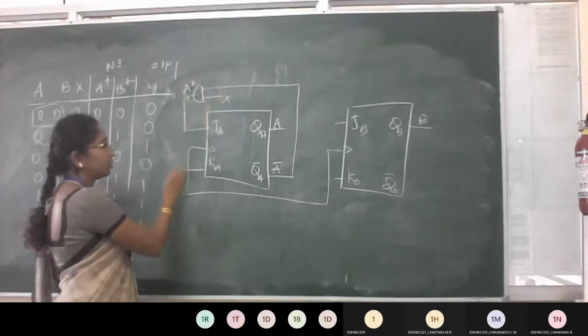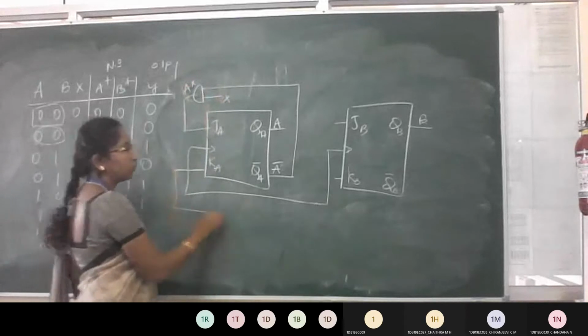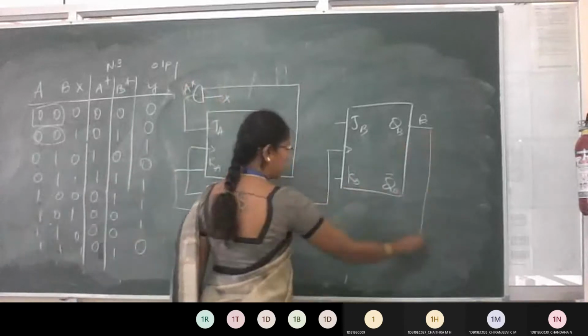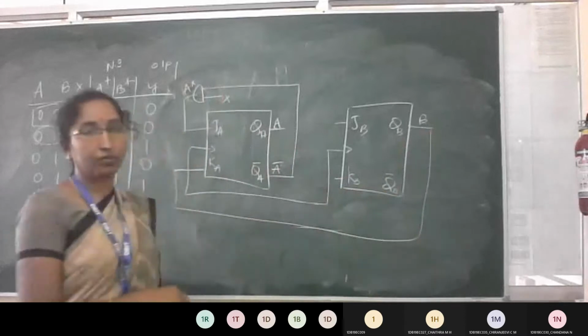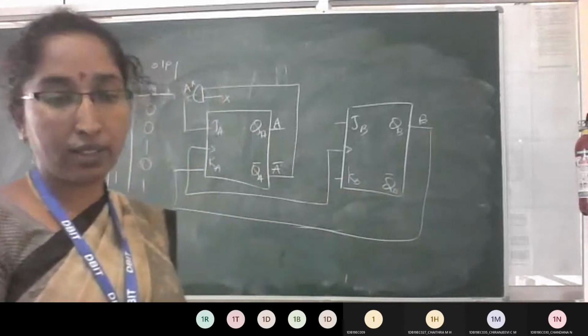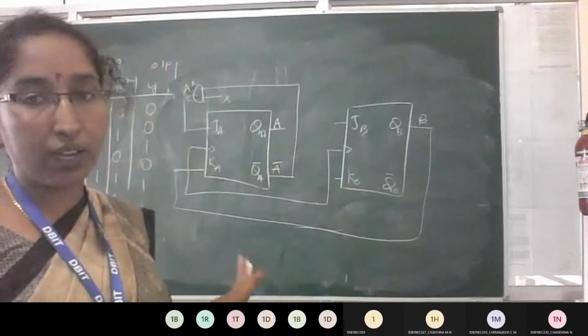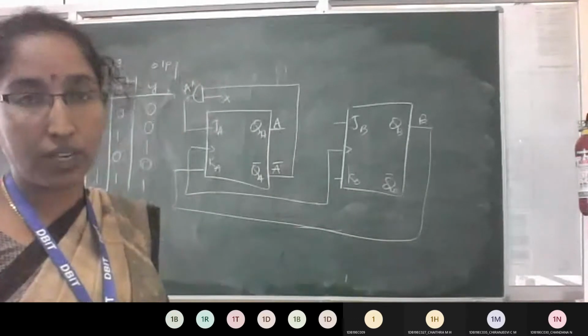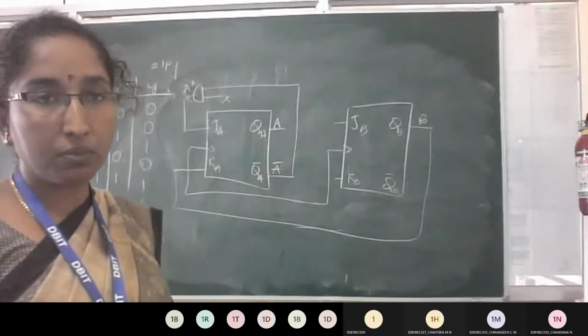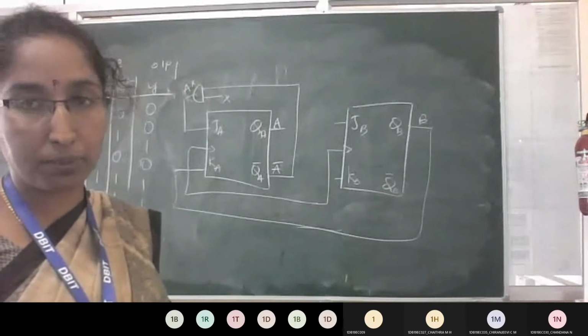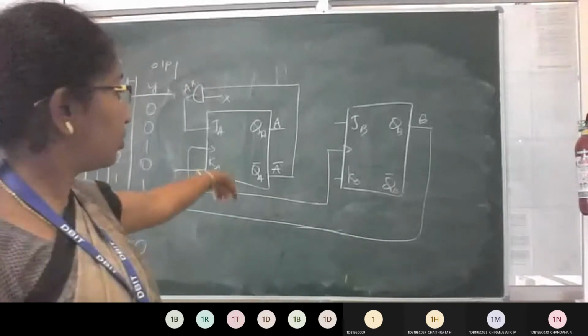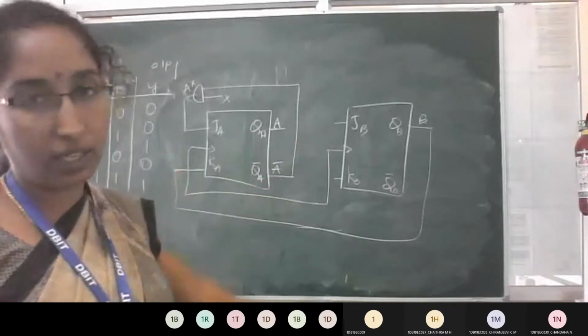If KA is just B, then you need to take it from the second flip-flop. Like this you need to draw the logic diagram. And finally Y: for example, you may get A X bar plus B something. So you draw it from the flip-flops, and X is the input.